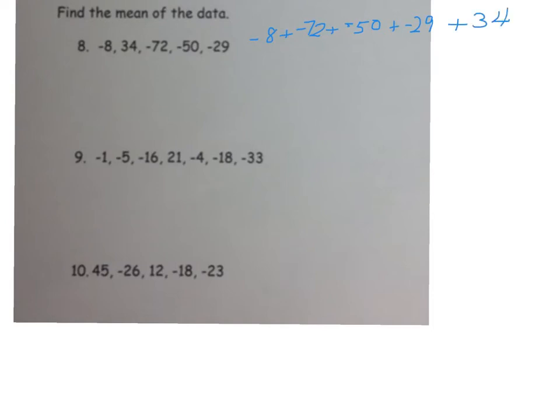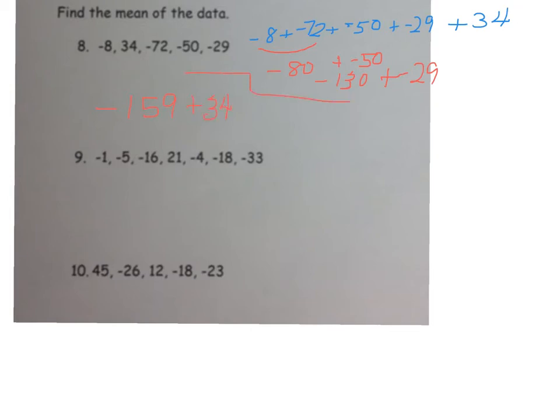I know my note paper looks gray there. There's just no difference between gray and white here. So I'm going to come across left to right. This is going to be negative 80, plus negative 50 is negative 130, plus negative 29 is then negative 159, plus 34.